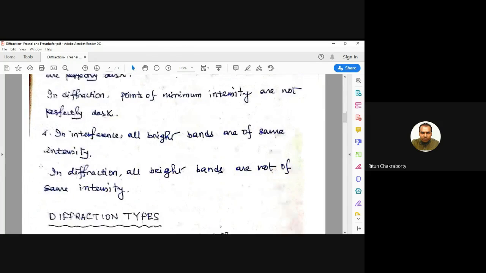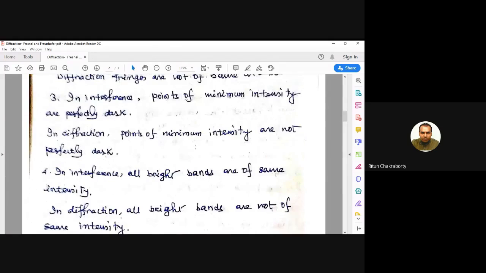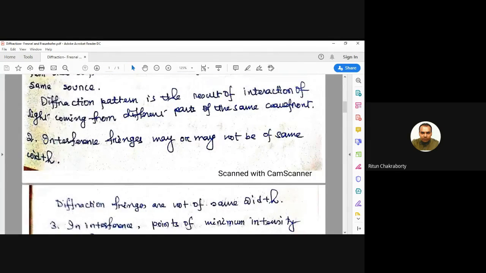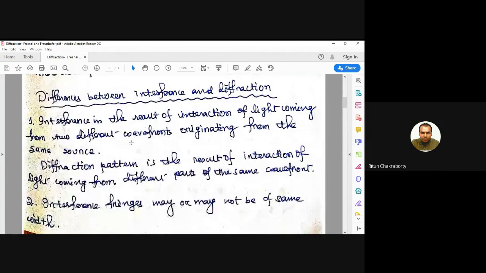And the fourth difference: in interference, all bright bands are of same intensity. In diffraction, all bright bands are not of same intensity. So these are the four major differences between interference and diffraction.